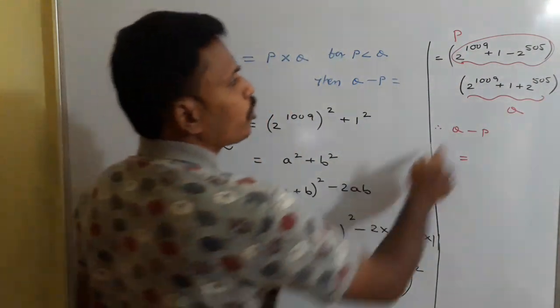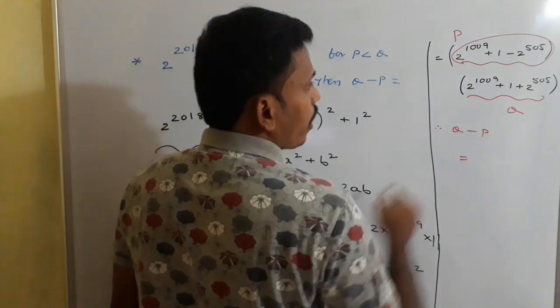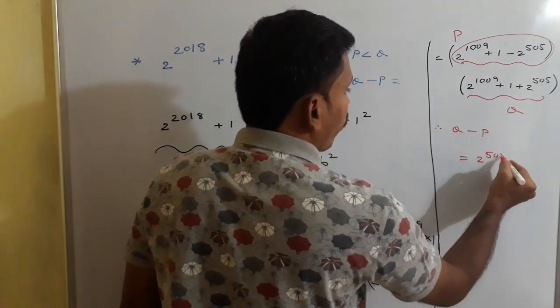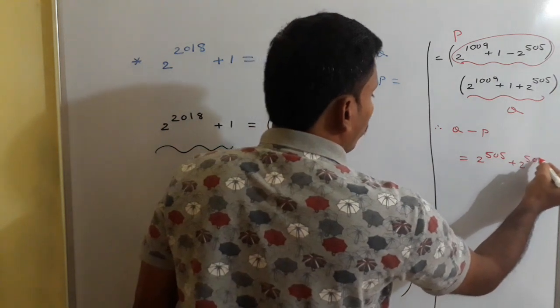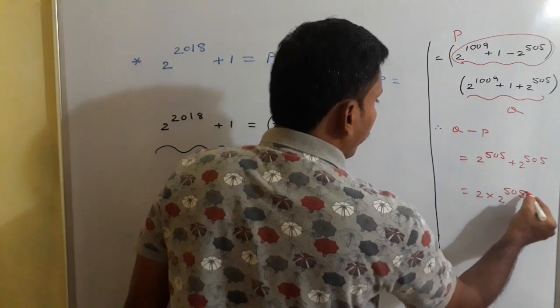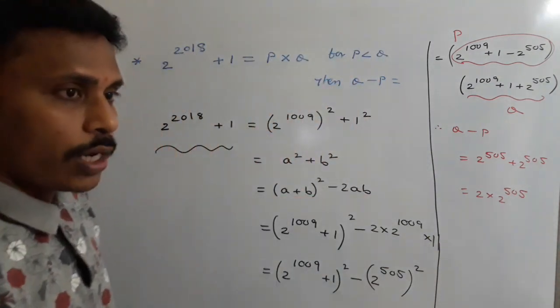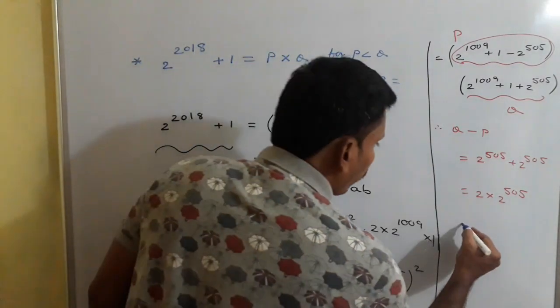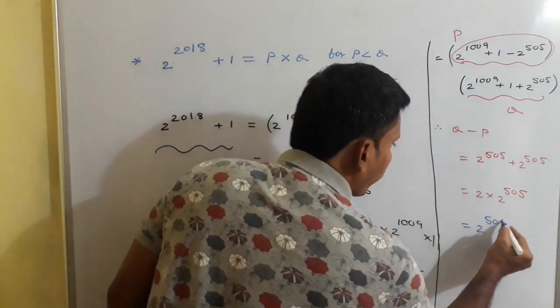If you observe, these two terms get cancelled, and minus of minus becomes plus. So you will get 2 power 505 plus 2 power 505, which is nothing but 2 into 2 power 505. Then what do you say about your answer? At the end, 2 into 2 power 505 is nothing but 2 power 506.